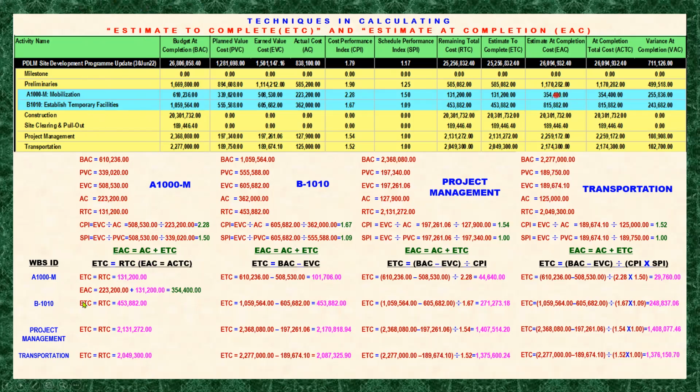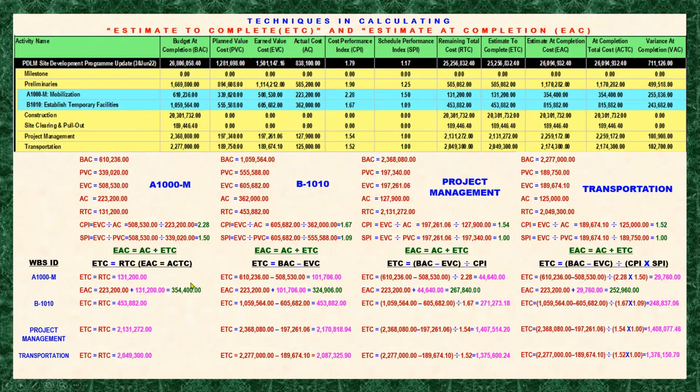Okay, this is the estimate at completion for our WBS A1000-M. Okay, and this is for the second technique. This is for the third technique, and this is for the fourth technique.